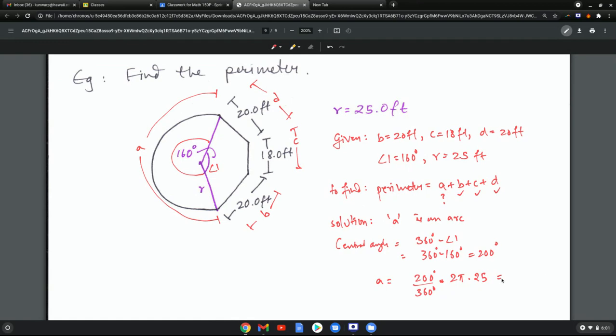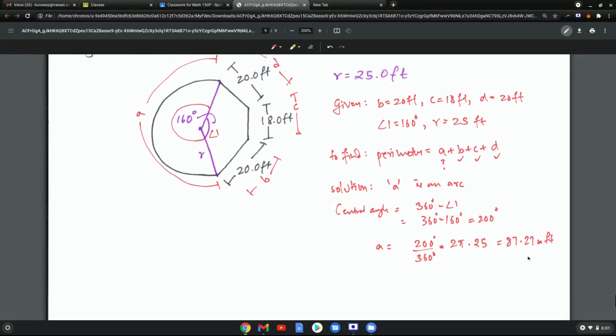Again, plug all of this into your calculator, making sure you use the pi button, and you get 87.27 feet.